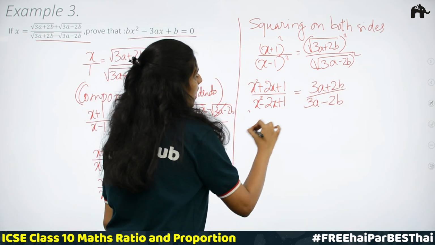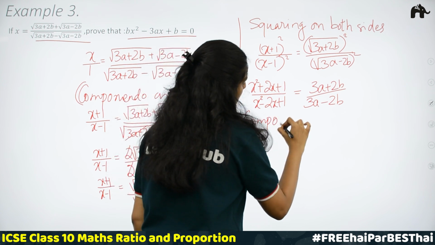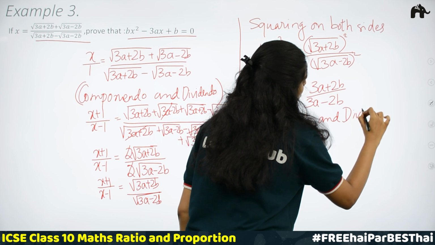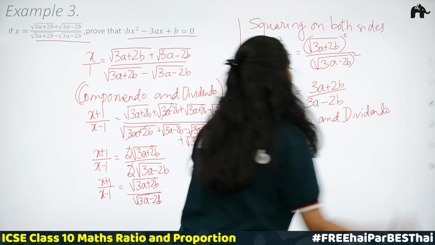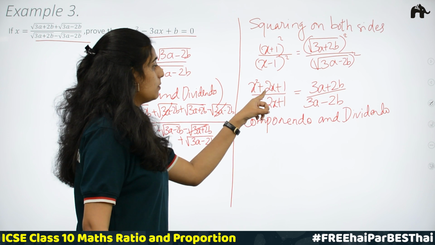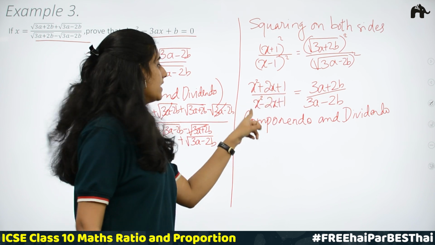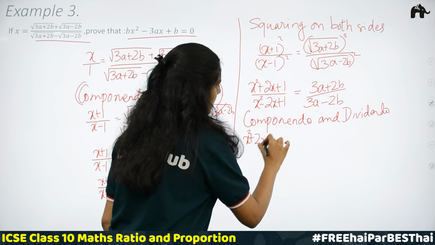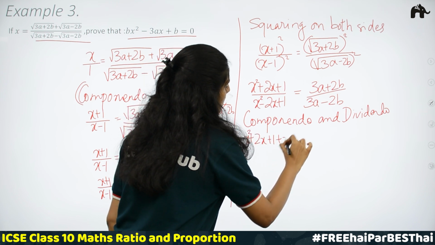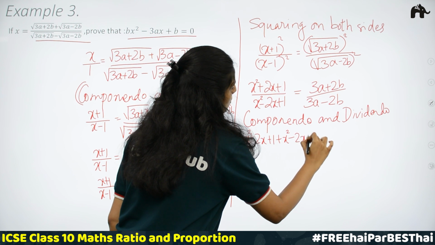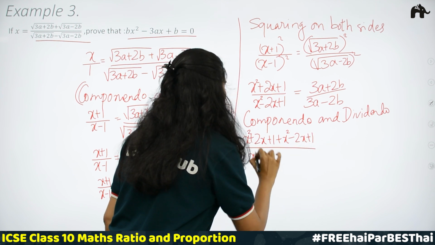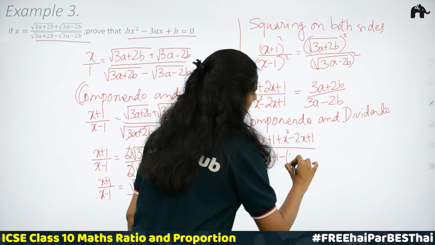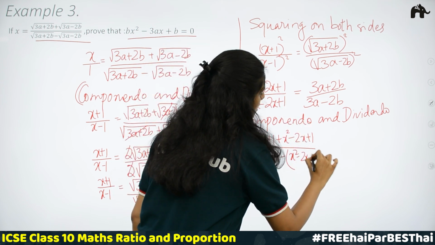Next step, again we are applying the componendo and dividendo property. What do we get? (x square plus 2x plus 1) plus (x square minus 2x plus 1), divided by (x square plus 2x plus 1) minus (x square minus 2x plus 1).